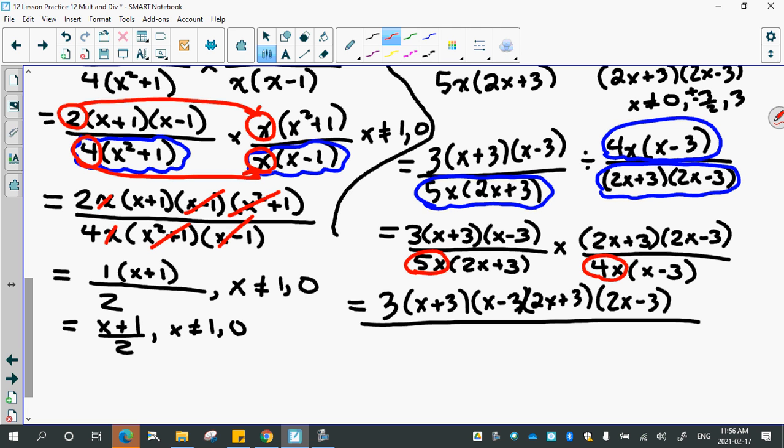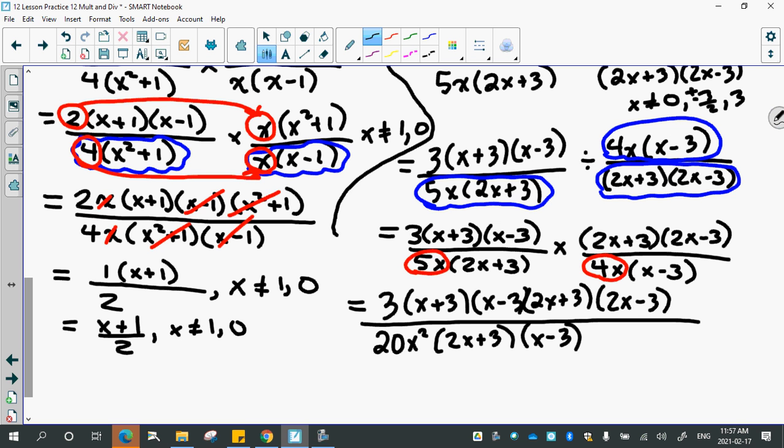So I can multiply them together. 5x times 4x is 20x squared. Good. And then times 2x plus 3, one of my binomials, and then x minus 3.